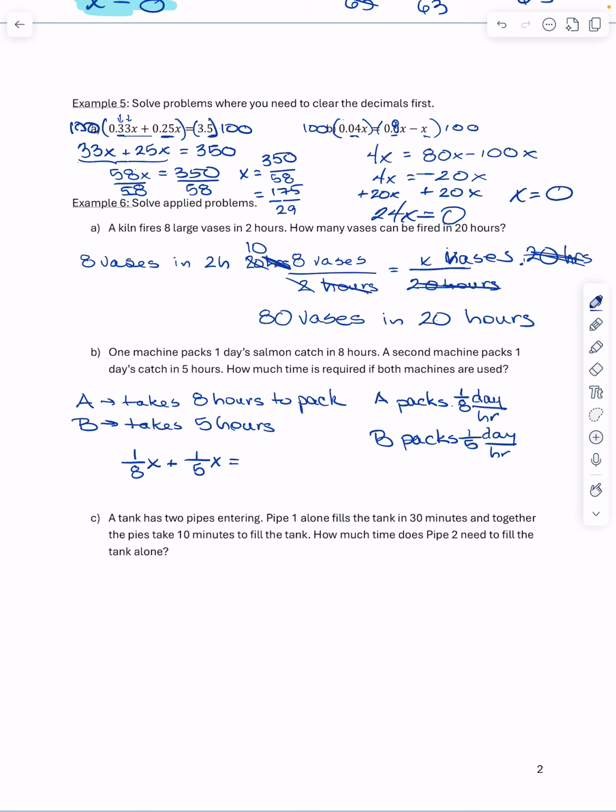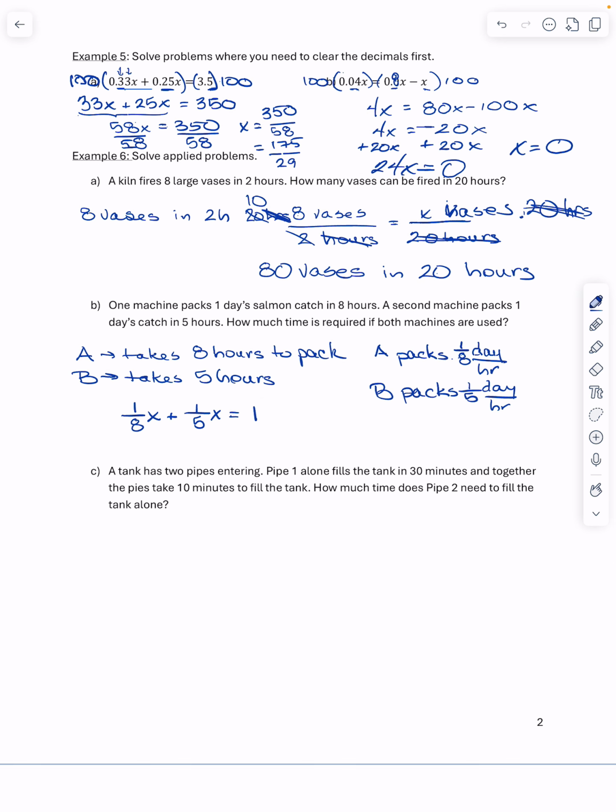Sorry, 1/8 times hours plus 1/5 times hours. We want the whole day's catch. So machine A is my 1/8 X, 1/8 times the number of hours.